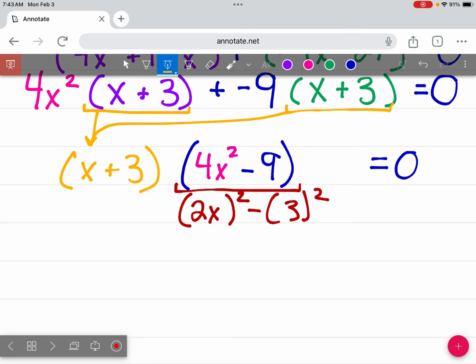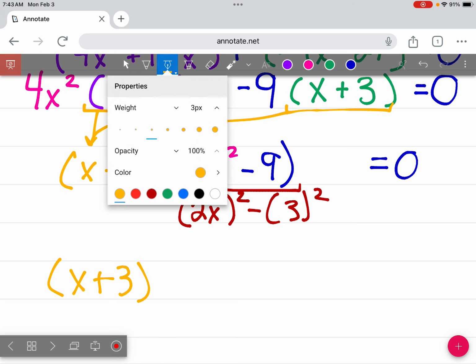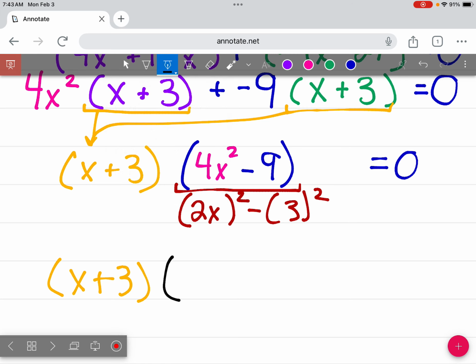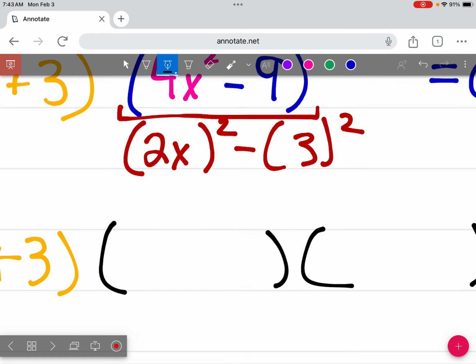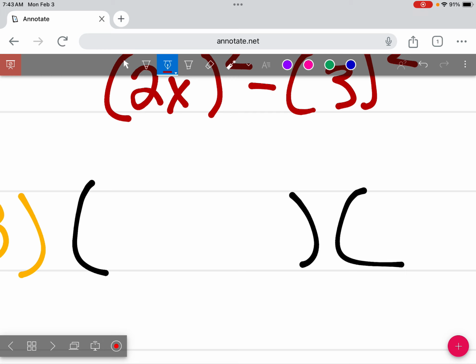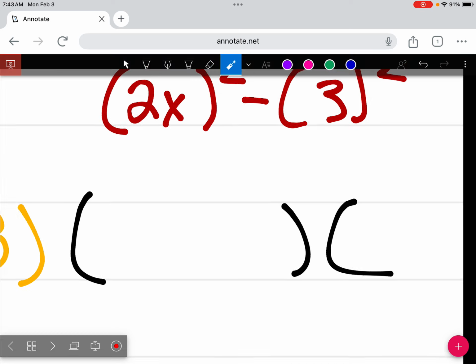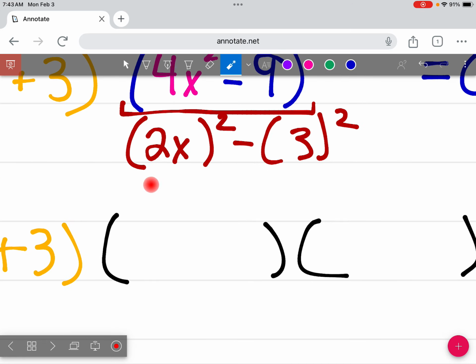So we have our x plus 3 that's out in front. And then when we come to fill in our difference of squares over here, our factors are going to be what? What are we going to put in these blanks here? Not x plus 2. 2x.